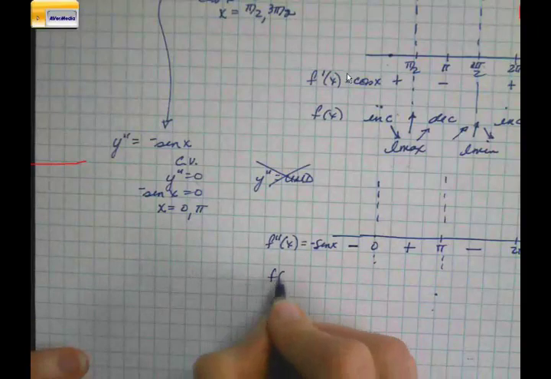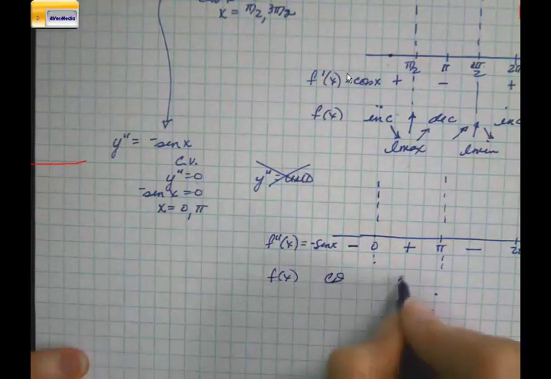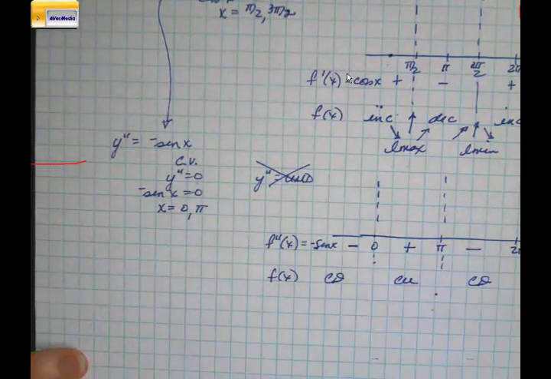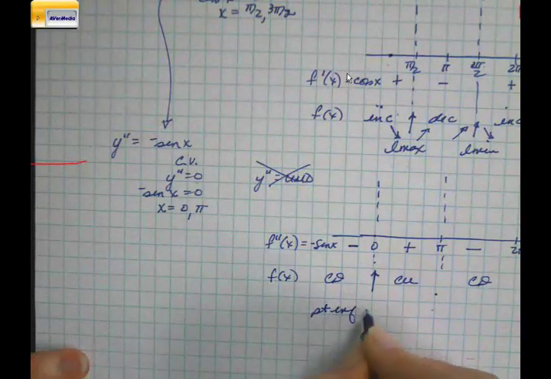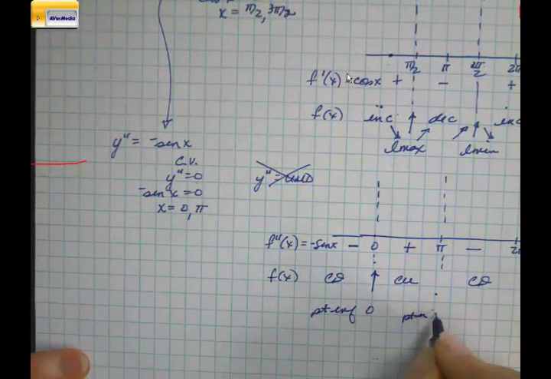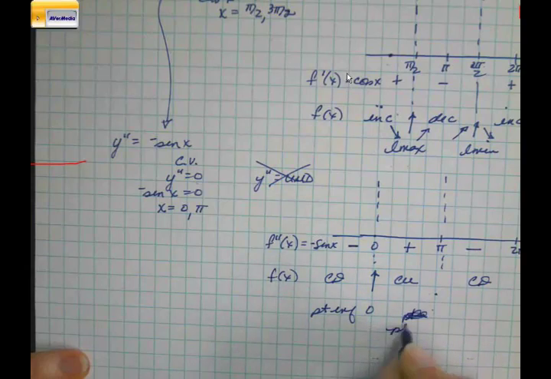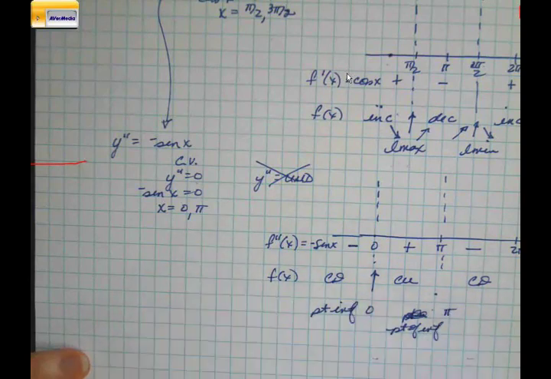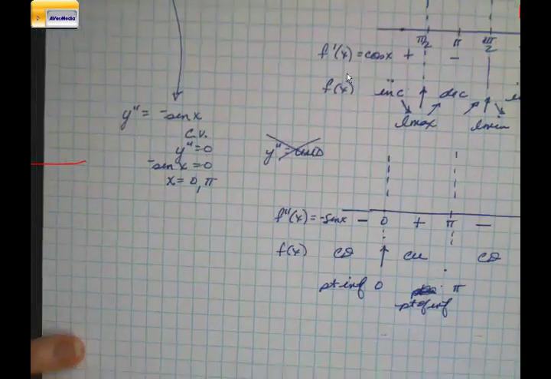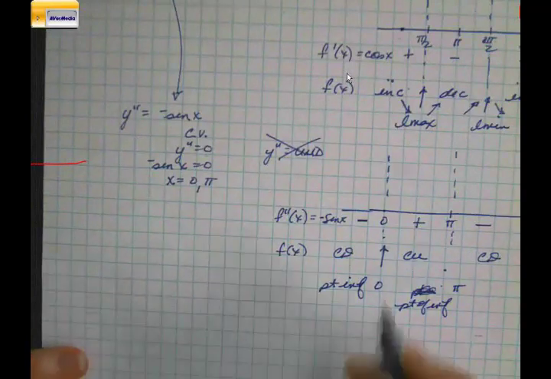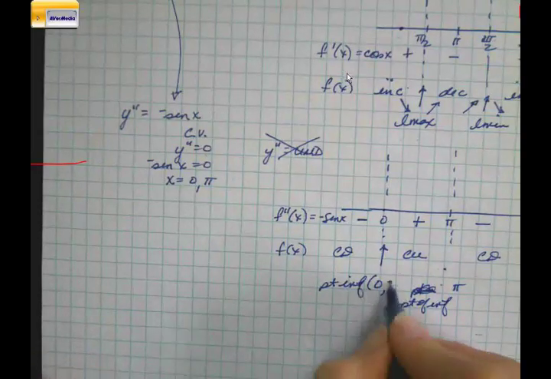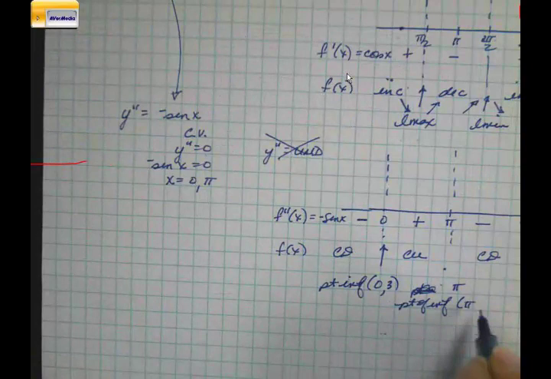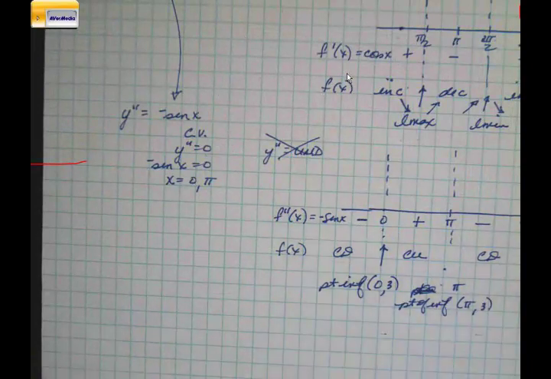So your original trig function must be concave down, then concave up, then concave down again, with a point of inflection at 0 and another at pi. Those points are 0, 3 and pi, 3, since sine of 0 and sine of pi are 0.